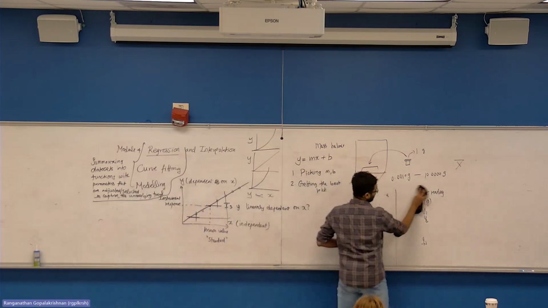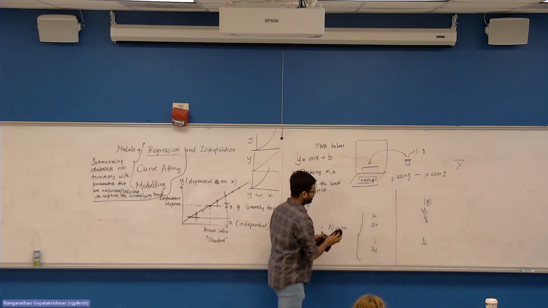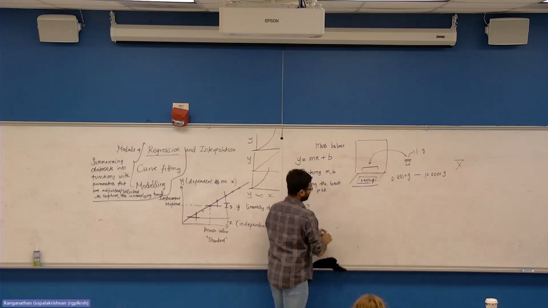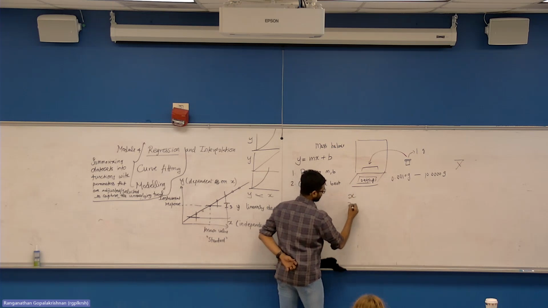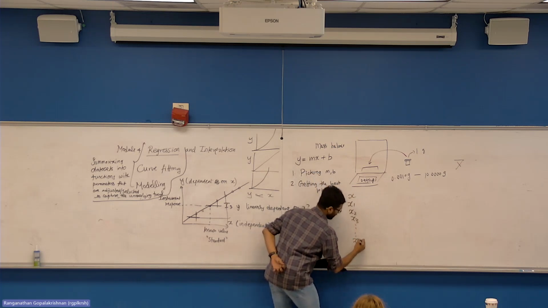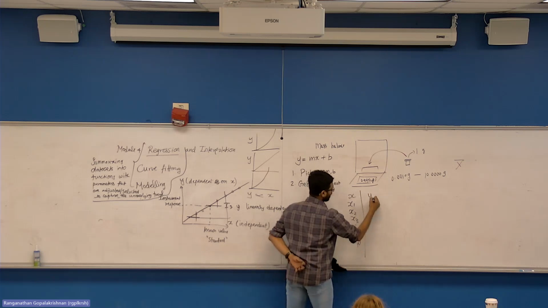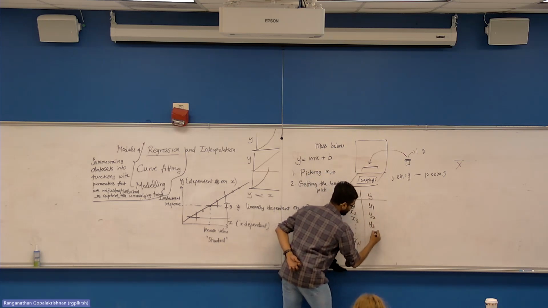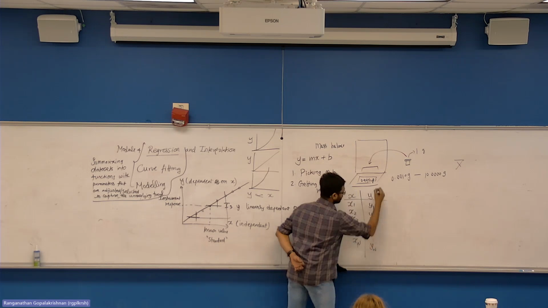that, forget the instrument reading, the calibration, let's just call them with symbols. I have x1, x2, x3, xn. Correspondingly, I have y1, y2, y3, yn.